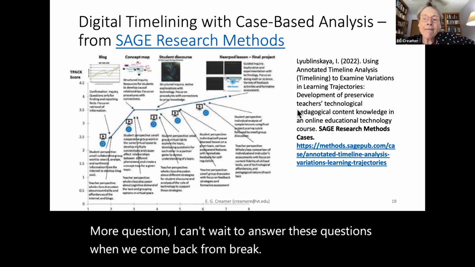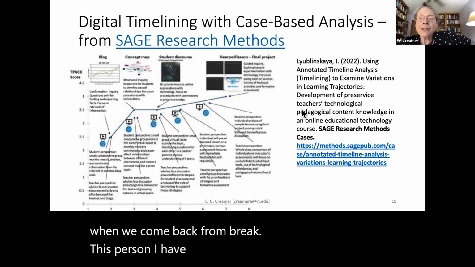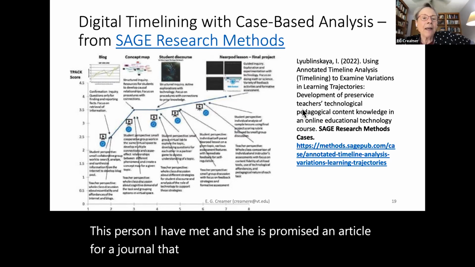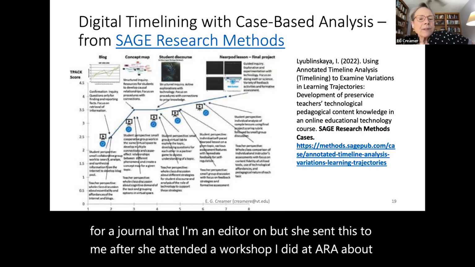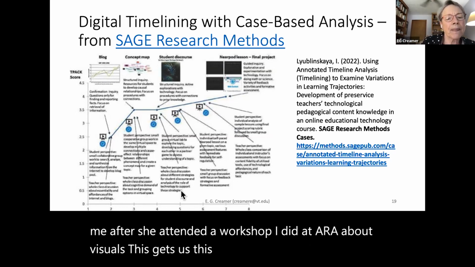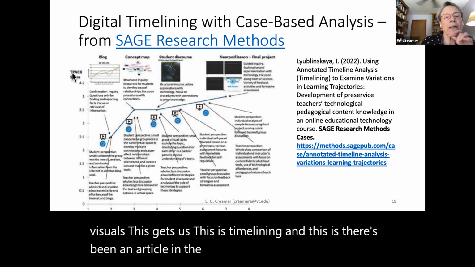This person I have met, and she has promised an article for a journal that I'm an editor on, but she sent this to me after she attended a workshop I did at ARA about visuals. This is timelining, and there's been an article in the Journal of Mixed Methods about this TPAC thing.